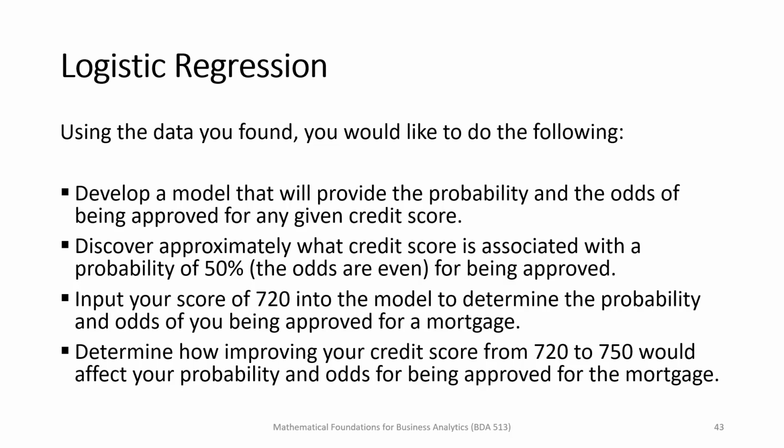When we go into predictive analytics, you will be doing most of this, but here we want to see the mathematical underpinning of logistic regression, just like we've done for linear regression. You want to determine how improving your credit score from, let's say, 720 to 750 will affect your probability and odds for being approved for the money.